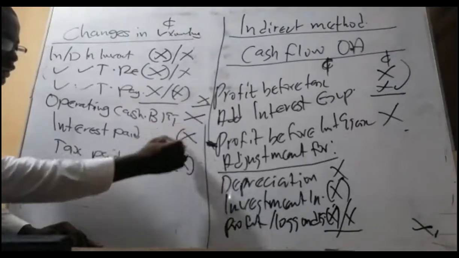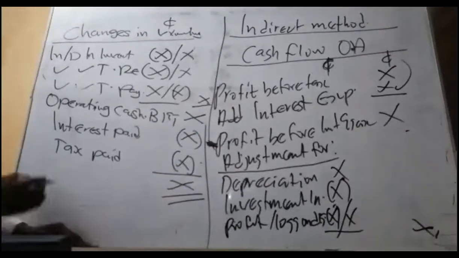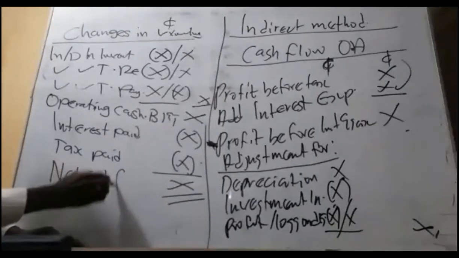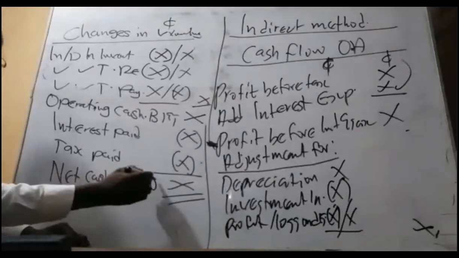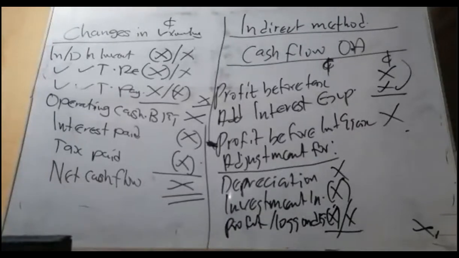Put them in brackets, check them off, and this is the final answer. We call it net cash flow from operating activity, OA. No shortcuts in exams. No shortcuts in exams.